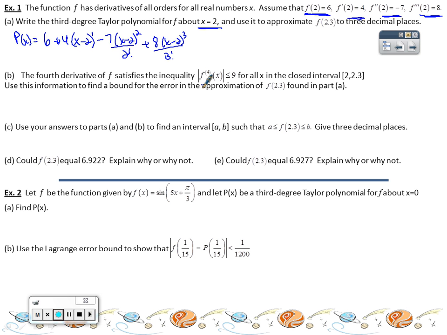What they have asked us to do is to use it to approximate f of 2.3. So this, of course, we remember stands for x. And everywhere in the polynomial that we have an x, we're going to substitute a 2.3. We would put that in our calculator, and we would get this.